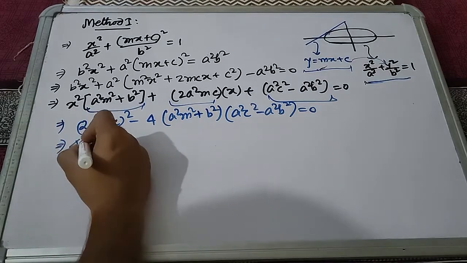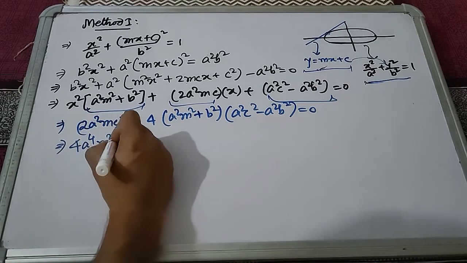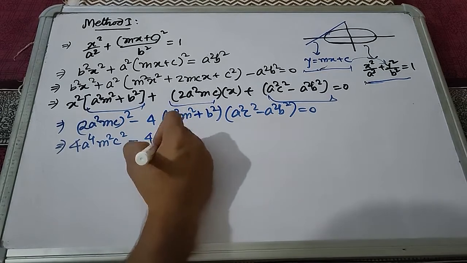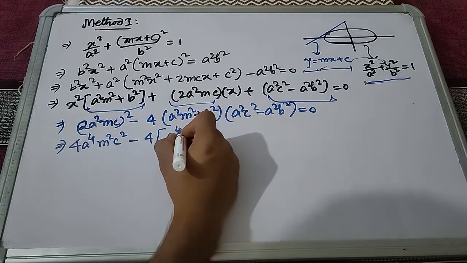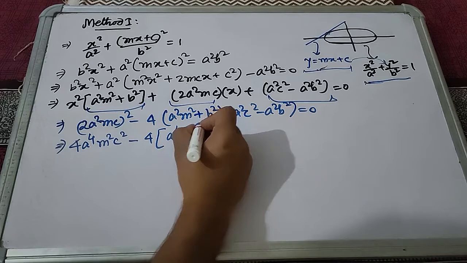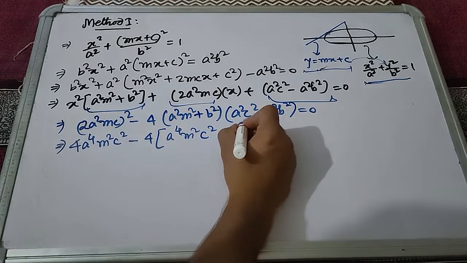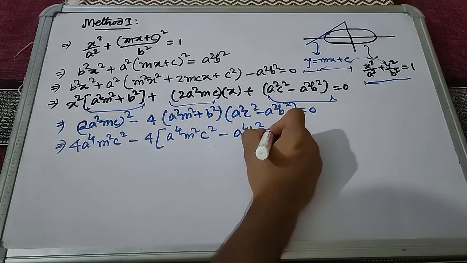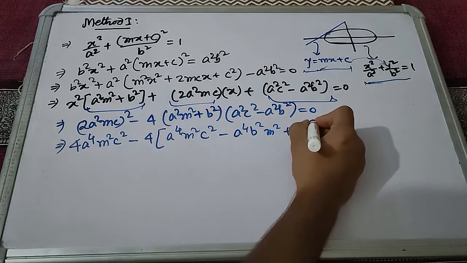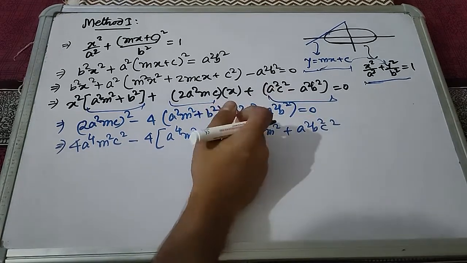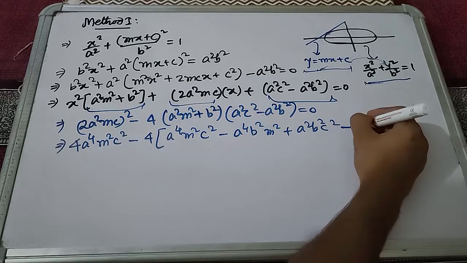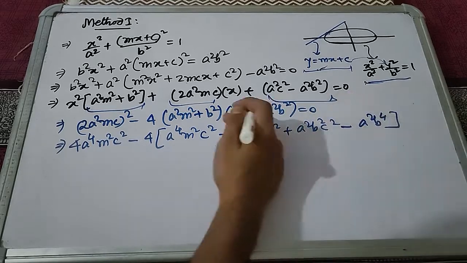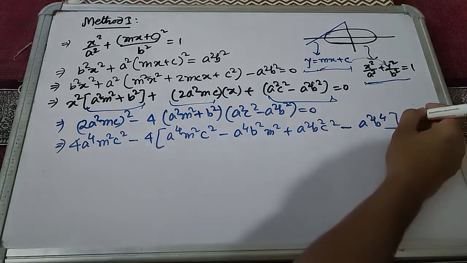This becomes 4a power 4 m square c square minus 4 a power 4 m square c square minus a power 4 b square m square plus a square b square c square, because we are multiplying this with this, minus a square b power 4, this into this, equals to 0.